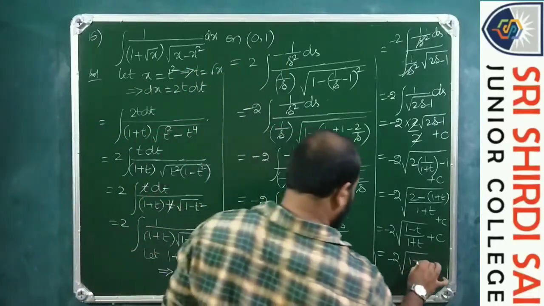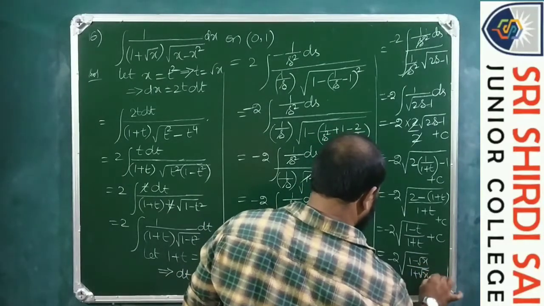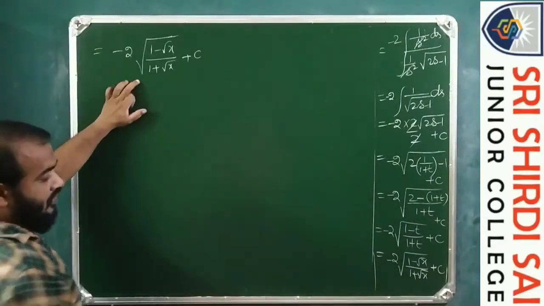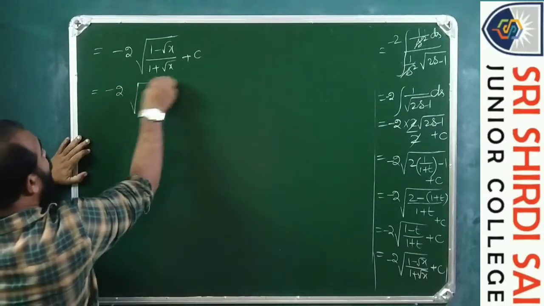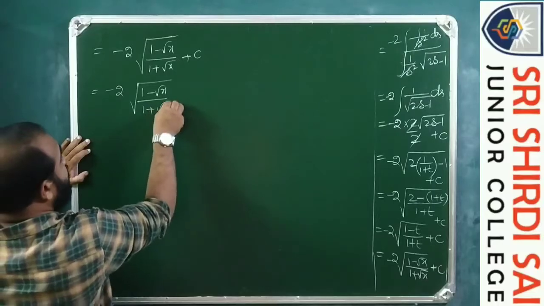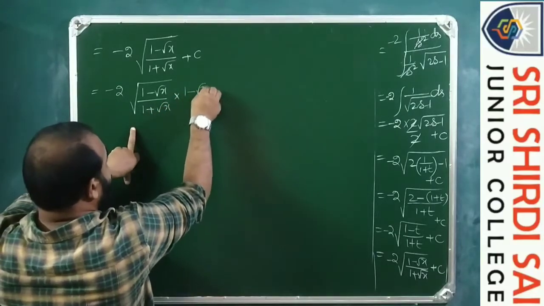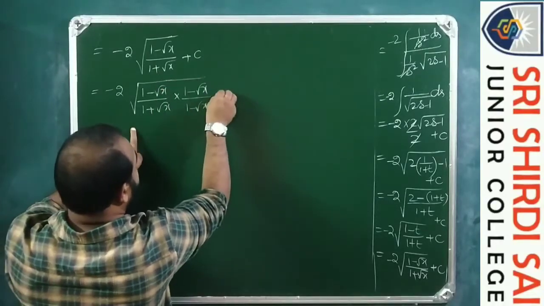So 1 minus root x by 1 plus root x, plus constant of integration c. So this is what we have got here. Now minus 2 into root of (1 minus root x) by (1 plus root x). So let us rationalize with 1 minus root x by 1 minus root x, plus c.